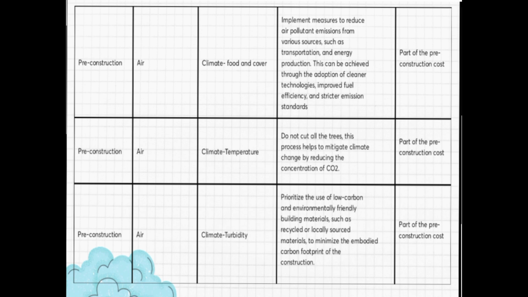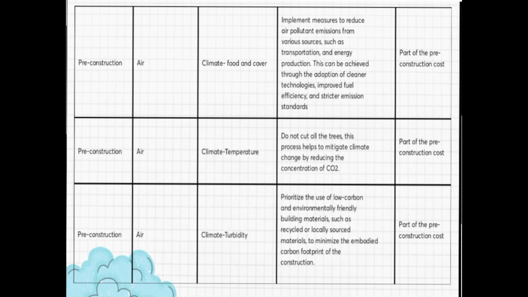And also, the same as what I've stated, air is considered as likely to be affected, and then the predicted impacts are climate, then temperature, and the mitigation is do not cut all the trees. This process helps to mitigate climate change by reducing the concentration of CO2, and the cost is part of the pre-construction cost.